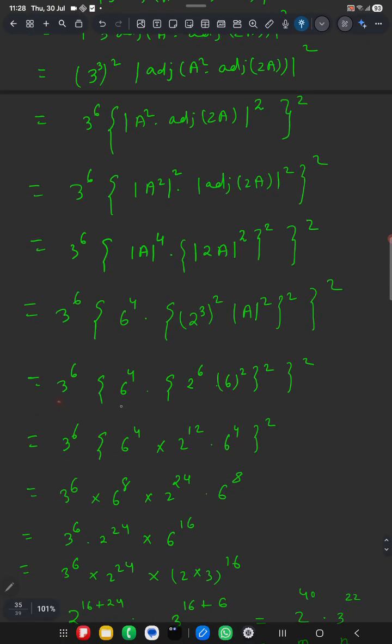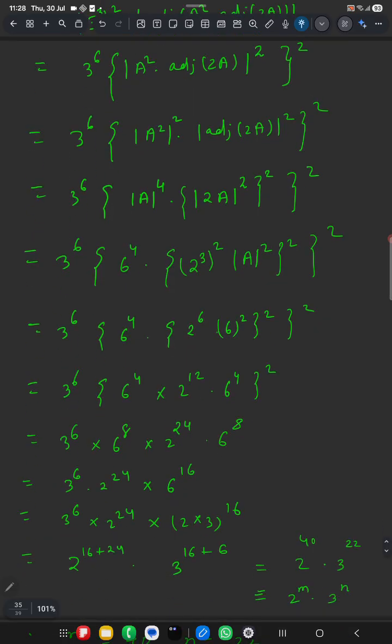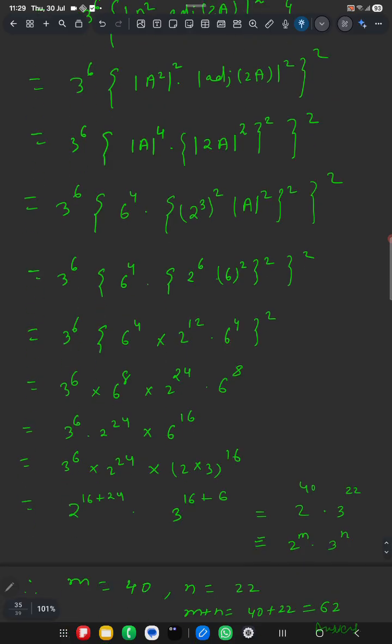So 3 power 6, 6 power 4, this will give you 2 power 6, this is 6 power 2, 2, 2. Now I have just simplified. 6 power 4, 2 power 6 into 2, 6 power 2, 2s are 4, so here, and this 2 is here. Clear?